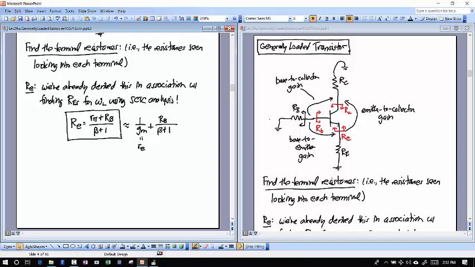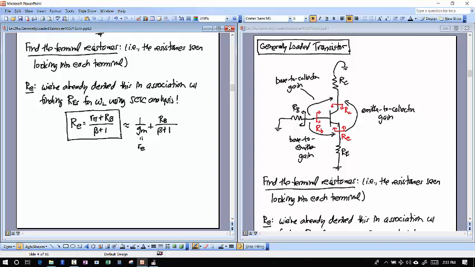Beta plus 1 is what? About 100. Which means I'm taking whatever's on the base of this thing and I'm reducing it enormously. So looking up the emitter, what I see is a very small resistance. Okay? That's the takeaway here. Looking up the emitter, I see a small resistance. Because 1 over GM is pretty small. What's 1 over GM for 1 milliamp?